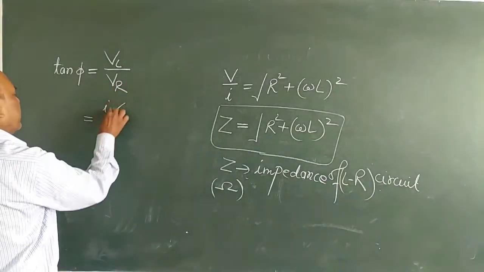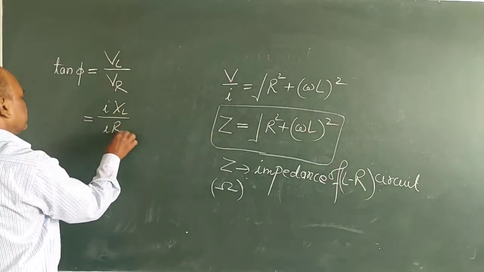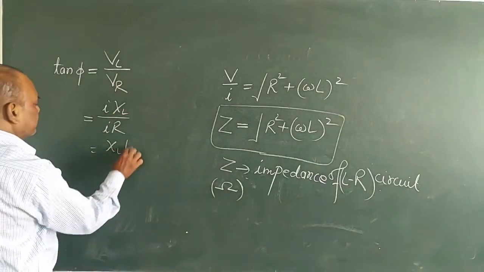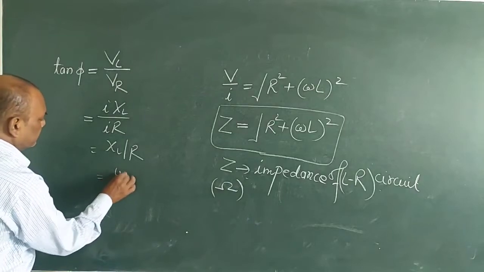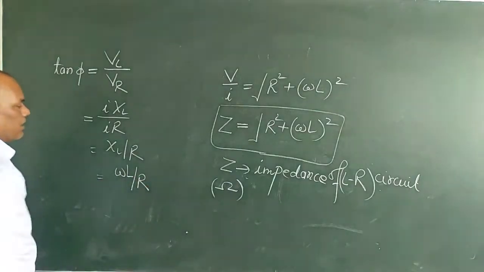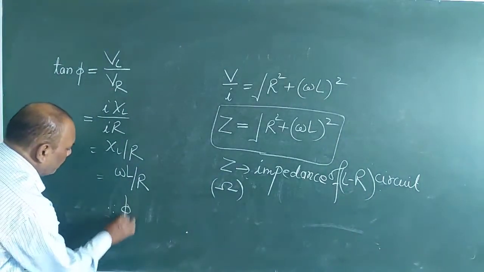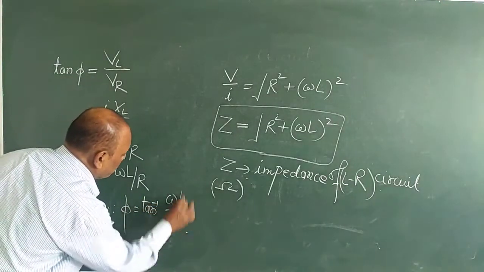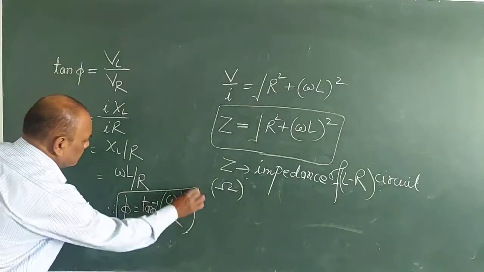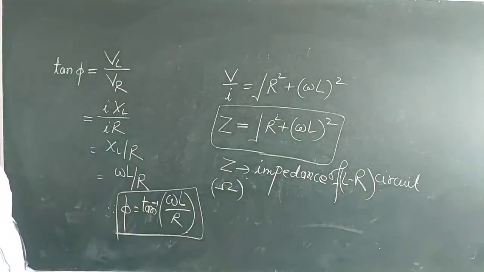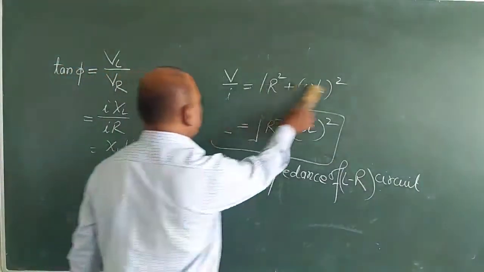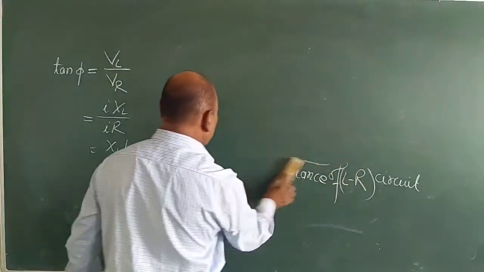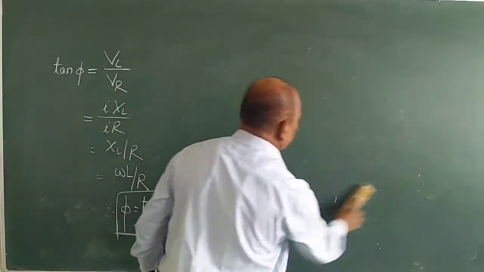VL is equal to IXL and VR is IR, so it becomes XL by R, that is omega L upon R. Therefore, phi is equal to tan inverse omega L upon R. This is the phase relation between voltage and current in the case of LR circuit.